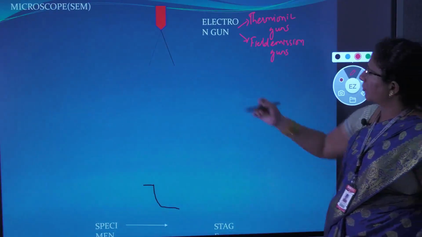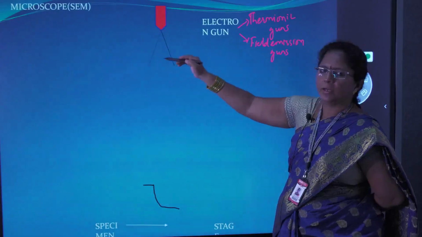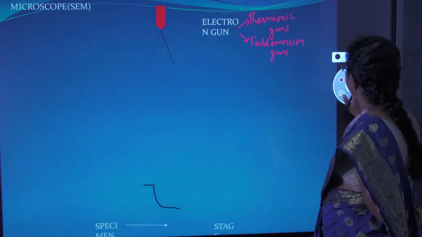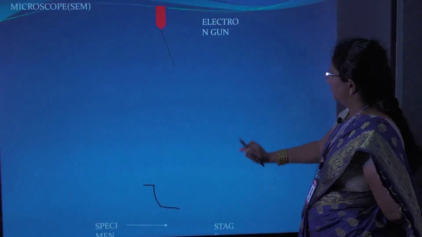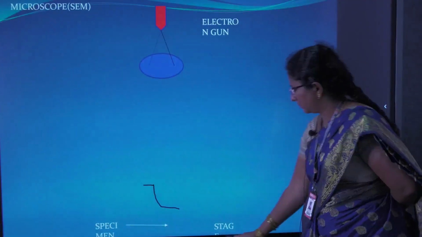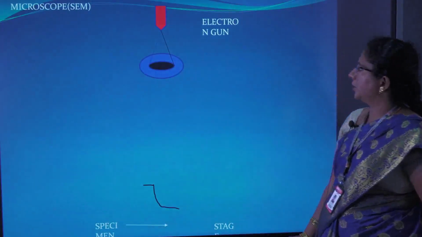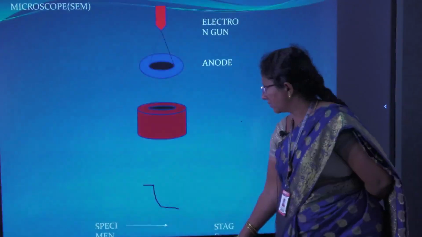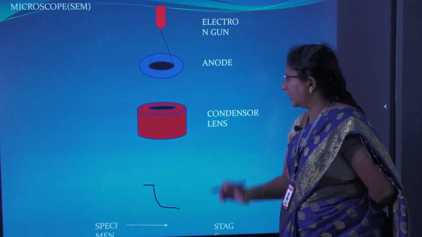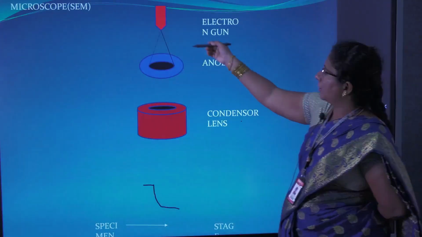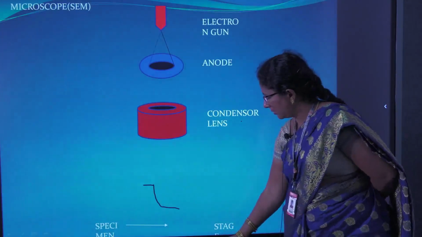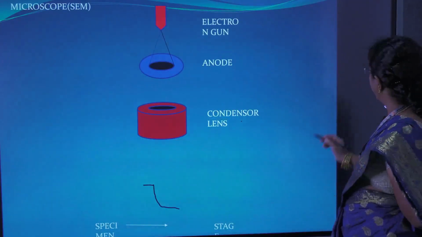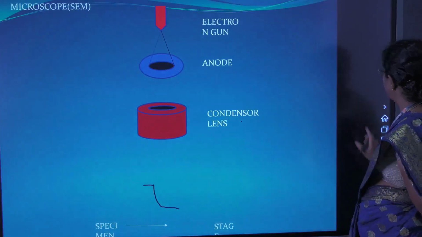But these electrons fired from the electron gun will not accurately go to the specimen. For producing the electric field, anode and cathode will be used. So next one is the condenser lens. Here the electrons fired from the electron gun will not reach exactly the position where they have to go.